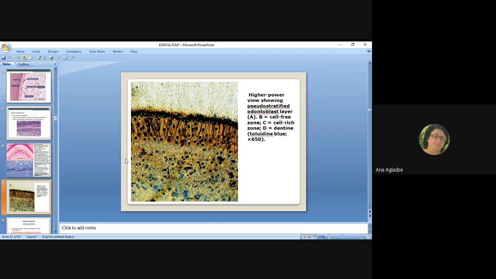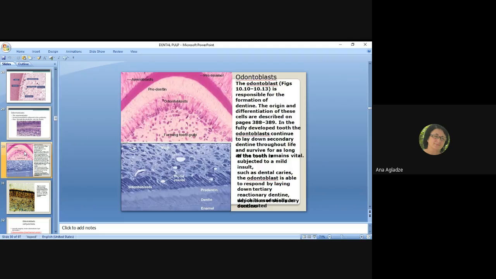Here you can see this is the odontoblast layer, this is the forming tooth pulp with its cells, and this is the formation of predentin, and as predentin is formed, pre-enamel begins formation. And from the opposite side, you can see ameloblasts.